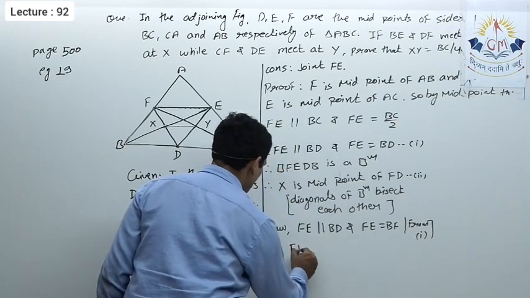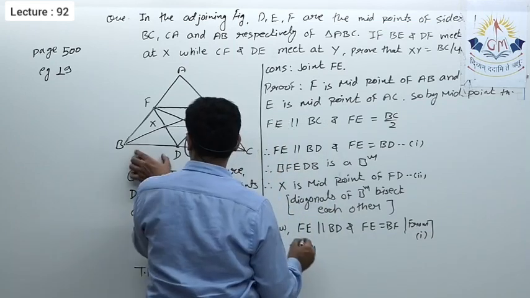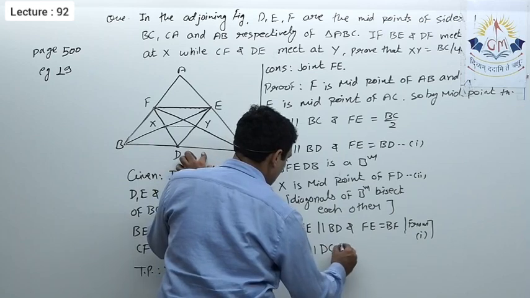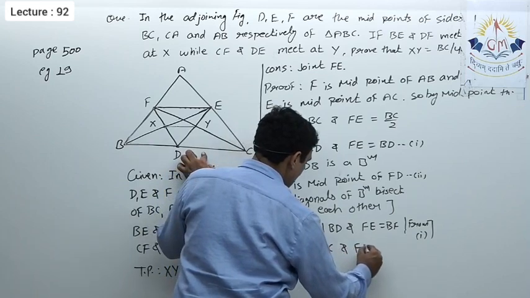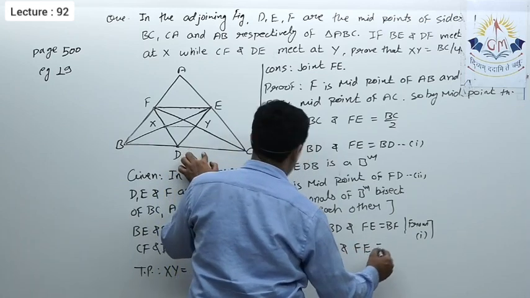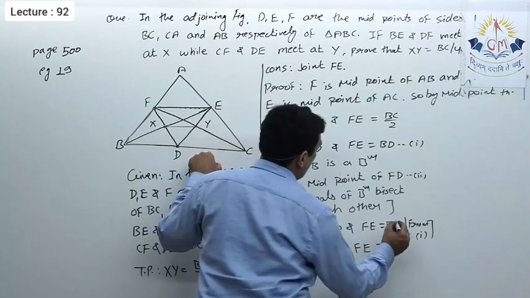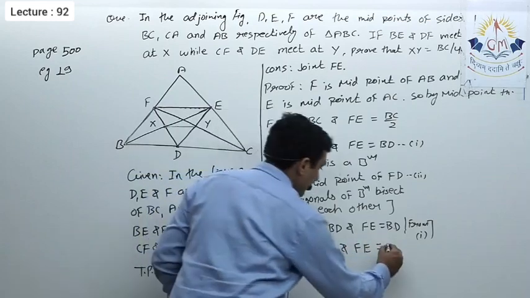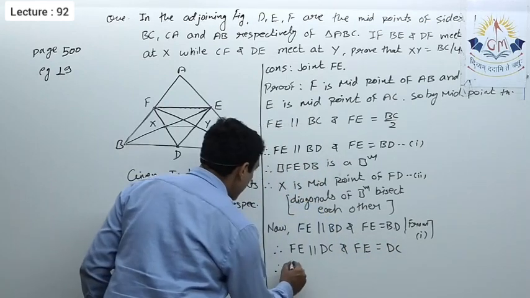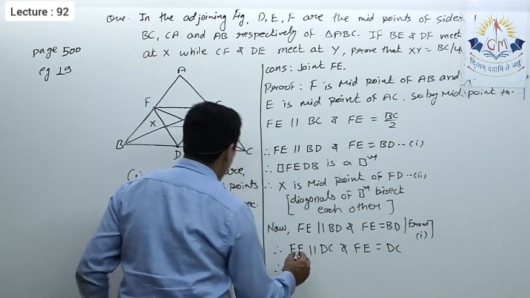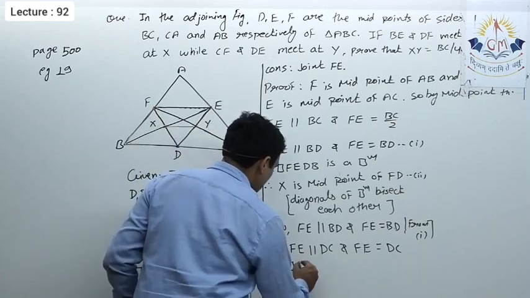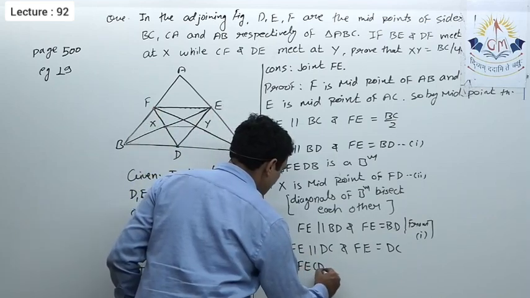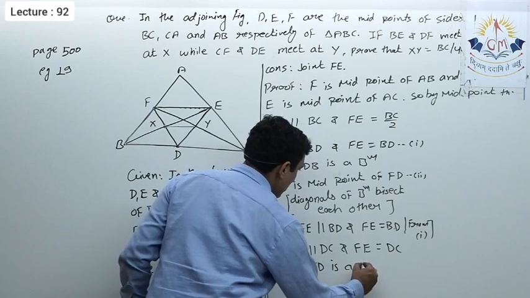Therefore I can say FE parallel to, in place of BD I can write DC, and FE is equal to DC. Therefore quadrilateral FECD is a parallelogram.